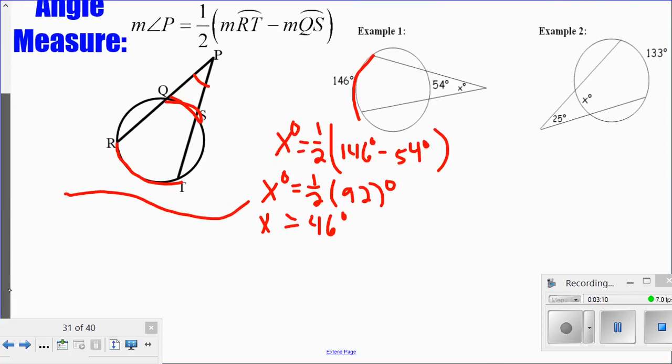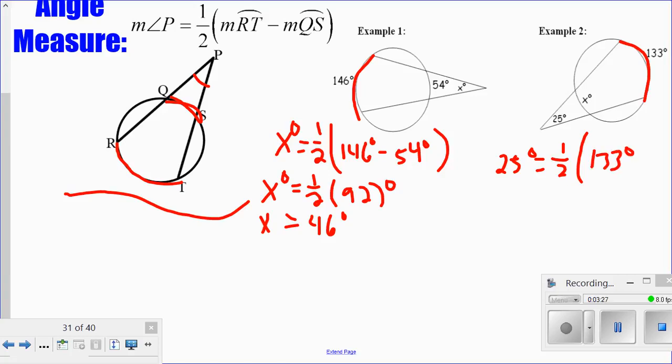So again, I do have 2 secants that are intersecting outside of the circle. So I'm going to say that the angle measure, which is 25 degrees, is equal to half of the larger arc measure, 133, minus the smaller arc measure, which is x.